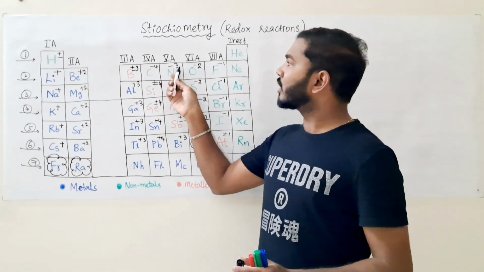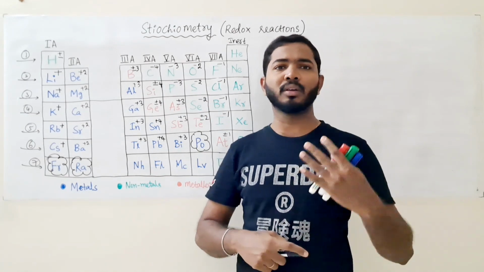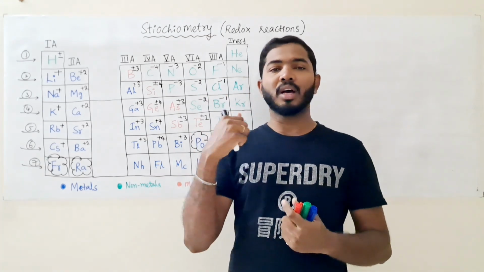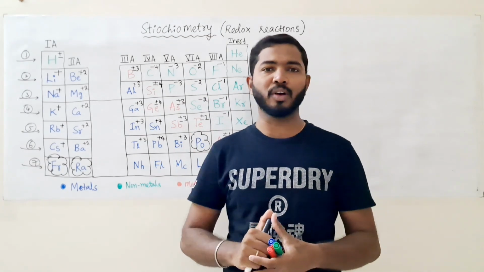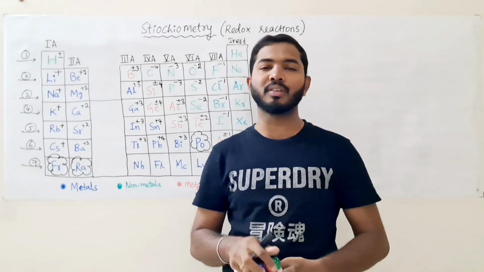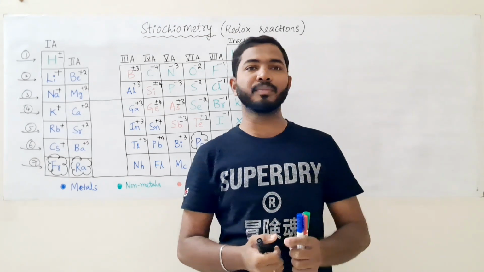Other than this -3, nitrogen shows 0, +1, +5, and so many possibilities. Once we start explaining the oxidation numbers in a clear manner, you can easily understand.